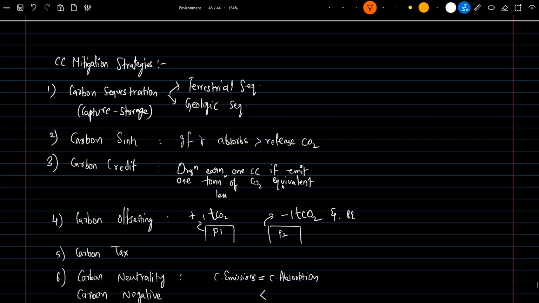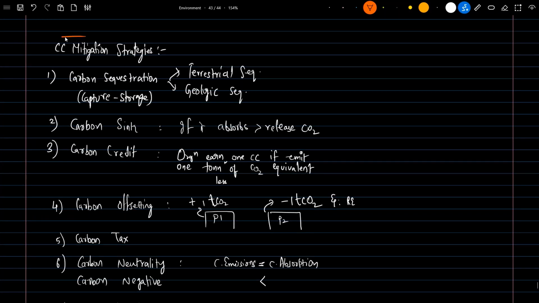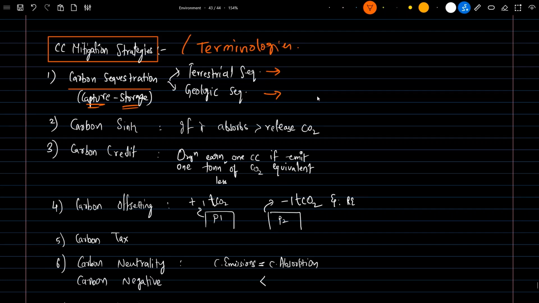Next is climate change strategies. So what are the different climate change strategies? Or also, let's understand different terminologies. So first, what is carbon sequestration? Carbon sequestration is nothing but capturing the carbon and storing the carbon. It can be by terrestrial sequestration or by geological sequestration.